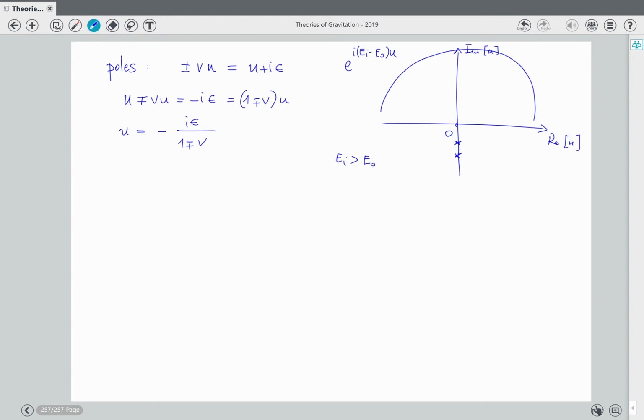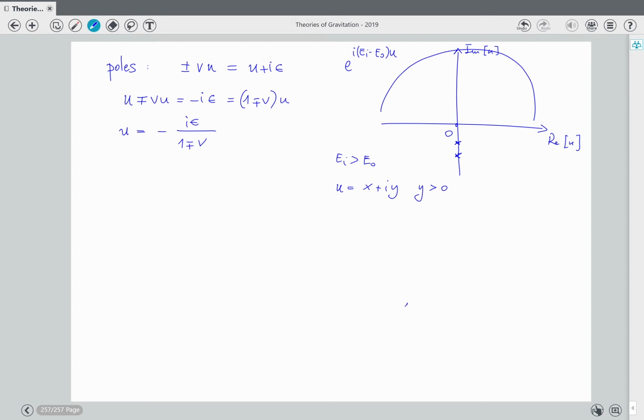So E0 is the lowest energy level, the ground state, and u is equal in the upper half plane x plus i y with y bigger than 0. So the imaginary part of u is bigger than 0.